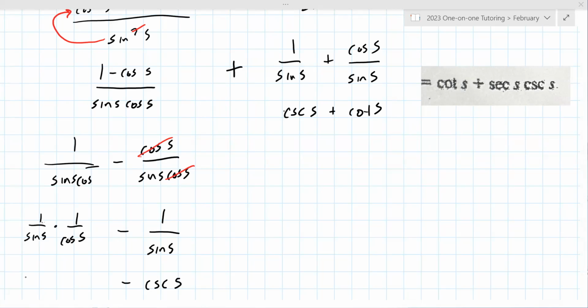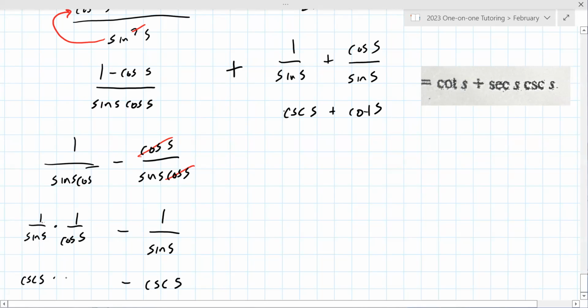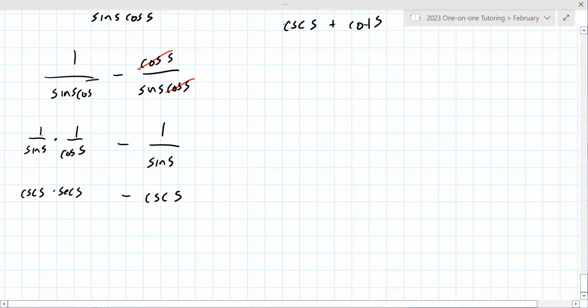That's cosecant. Okay, and then 1 over cosine s? It'd be cosecant times secant. Good. So now if we bring this next part down, plus cosecant s plus cotangent s, we're just bringing these down. We're in really, really good shape.